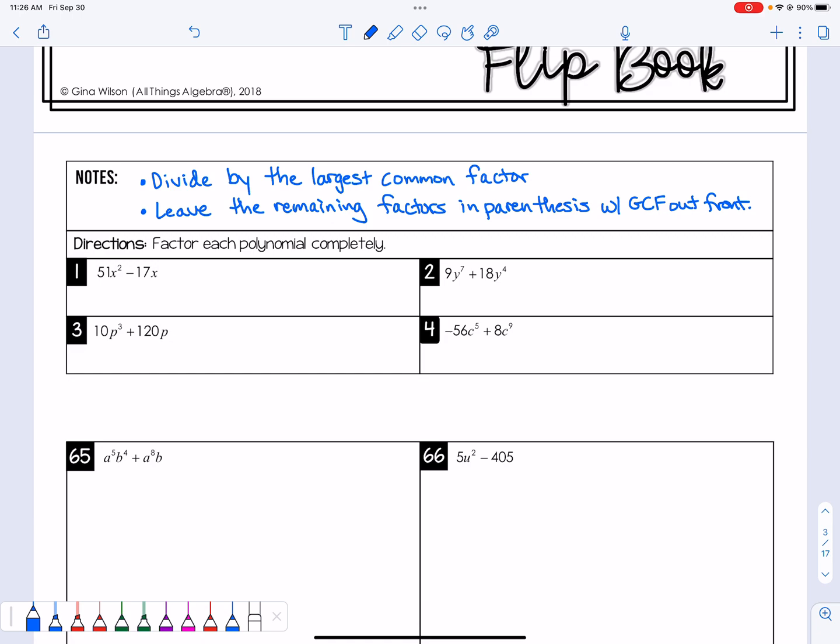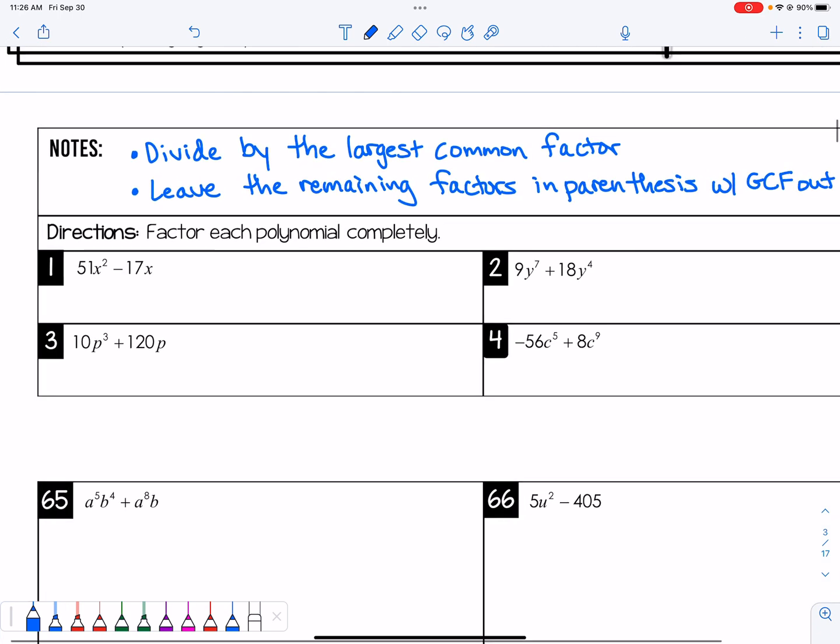We have 51x squared minus 17x. So I can tell that those two have a greatest common factor of 17. And they also both have an x. So I need to divide them both by 17x.